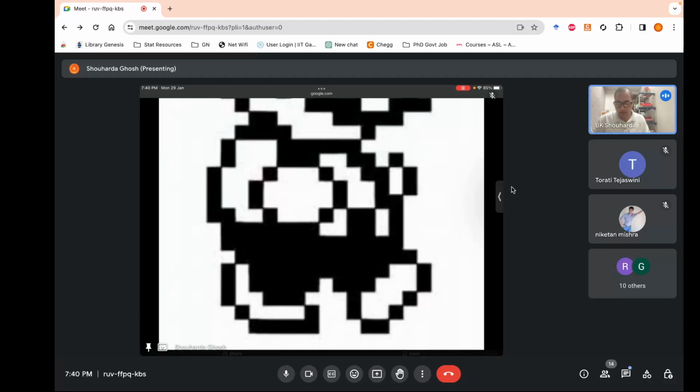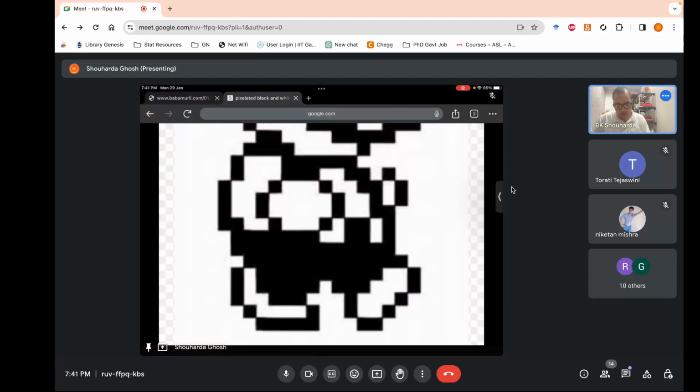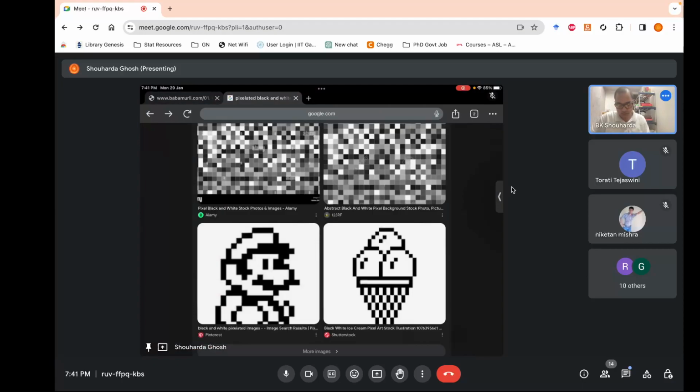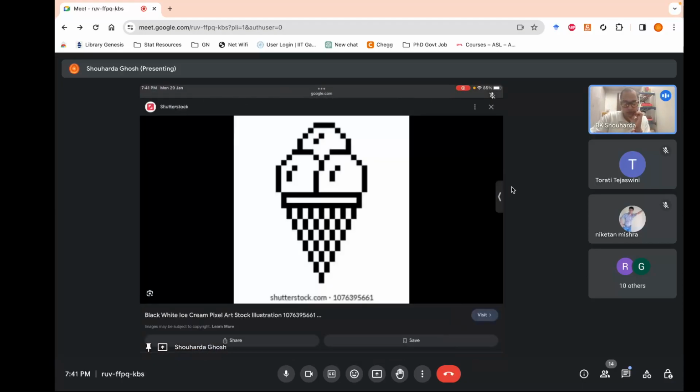How do I even get back? So this one is an ice cream. So you can see all these black and white pixels over here. So it's a pixelated image. So in fact you can convert this into a matrix of ones and zeros.